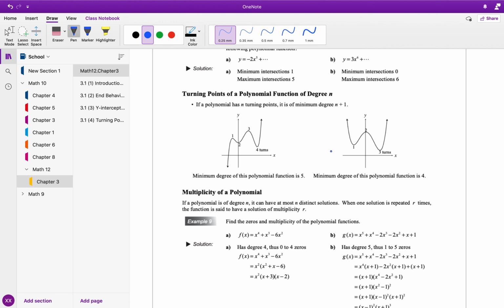So we are using just these two typical examples of a graph to explain that if a polynomial has n turning points, then the minimum degree is n plus 1.